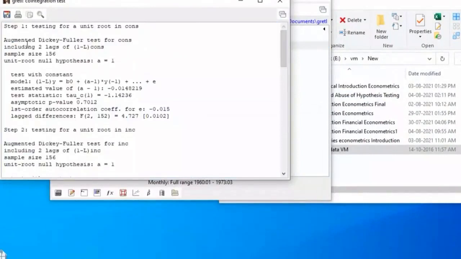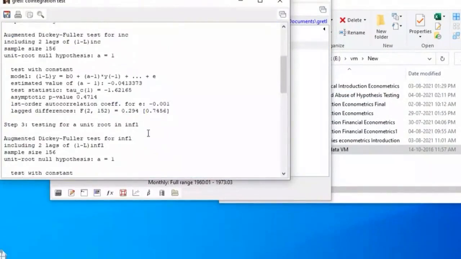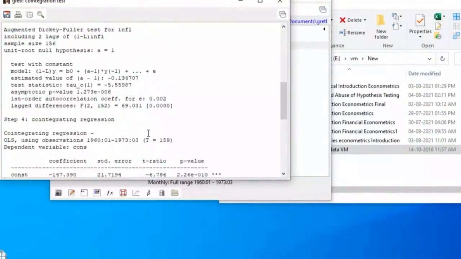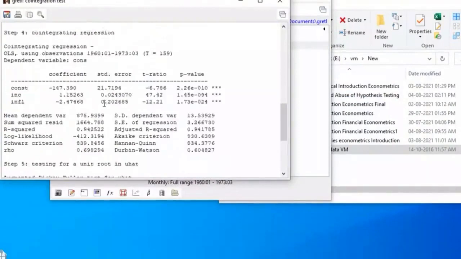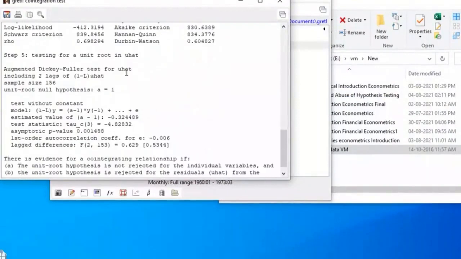That is, it will test for a unit root in consumption, testing for a unit root in income, then testing for a unit root in inflation, then the co-integrating regression, and then testing for a unit root in u hat. u hat is the residual. We have already tested the other cases, so we did not do this. So we consider only this. Here we have to see whether there is a unit root in the residual u hat.